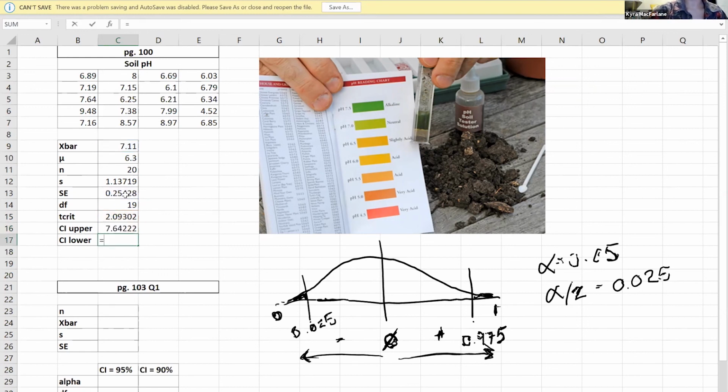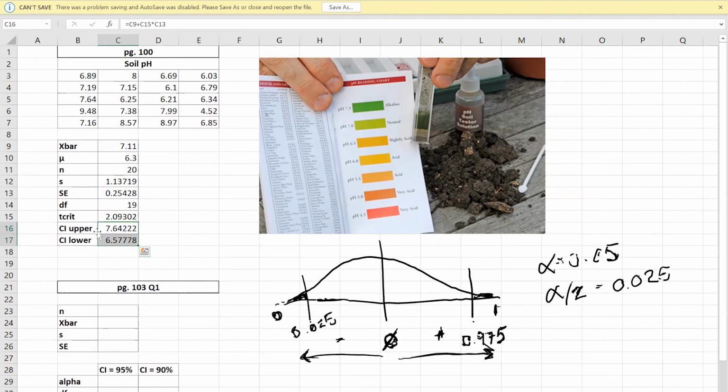Our lower limit is our mean minus our critical value times our standard error. And there we get our range.